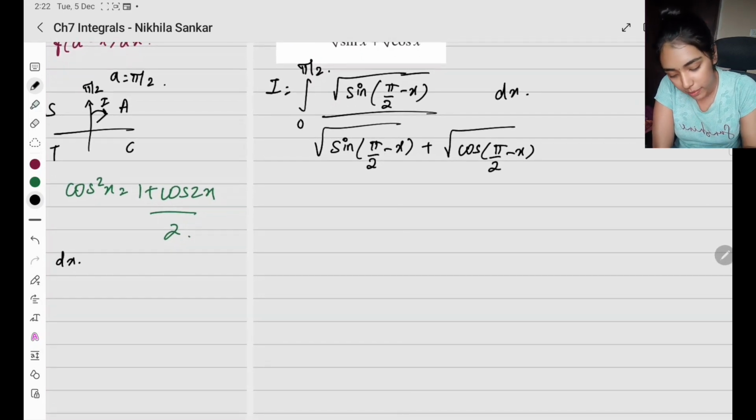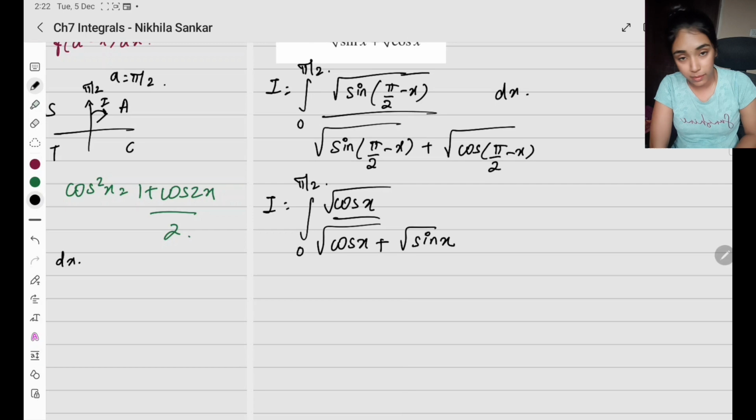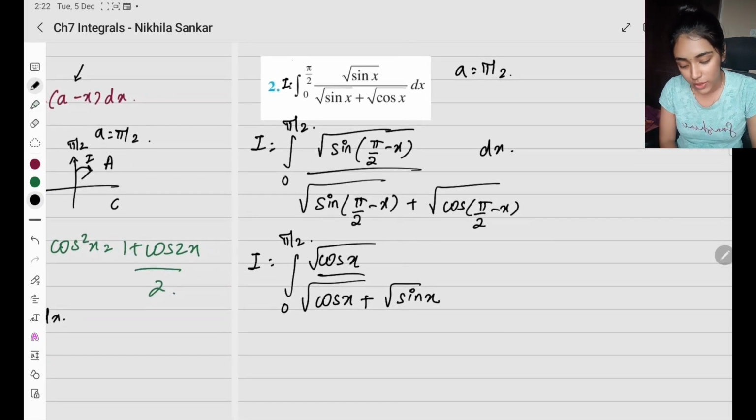Again, sine of pi by 2 minus x is going to give me cos x, complementary, divided by square root of cos x plus square root of sin x from 0 to pi by 2. In the first quadrant, everything is positive, so everything comes out positive.